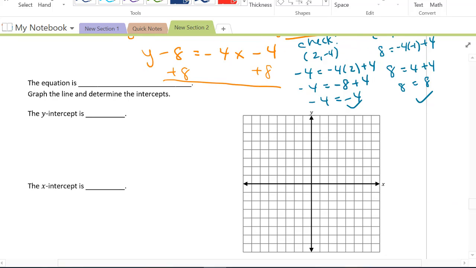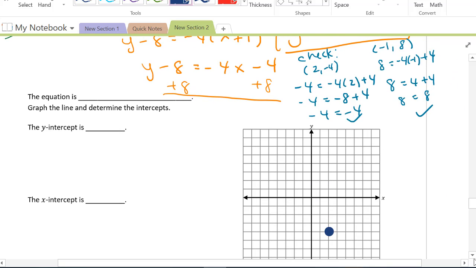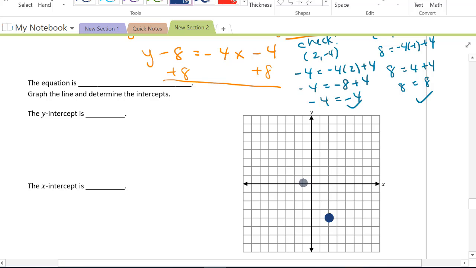All right, so they want to do the same thing, right? They want to find the x and y intercepts. So plot both points. We have 2, -4. So 1, 2, -4. 1, 2, 3, 4, right there, right? 2, negative 4. And our other point is negative 1, 8. So negative 1 is over here, 8 is up here. Okay.